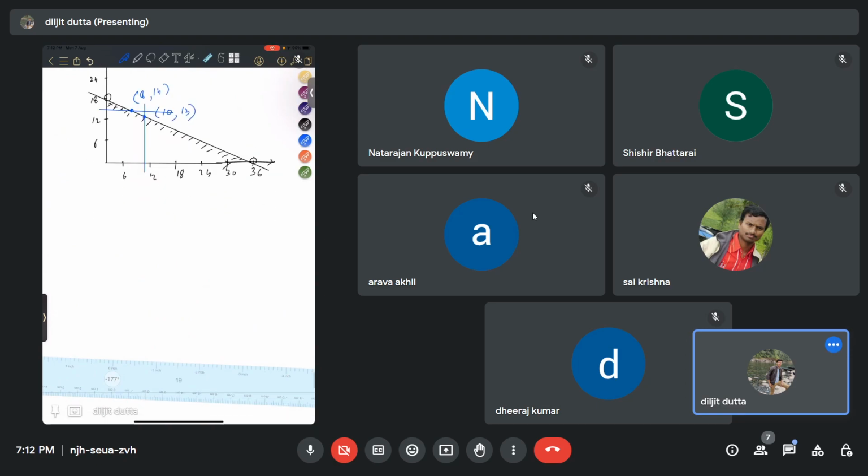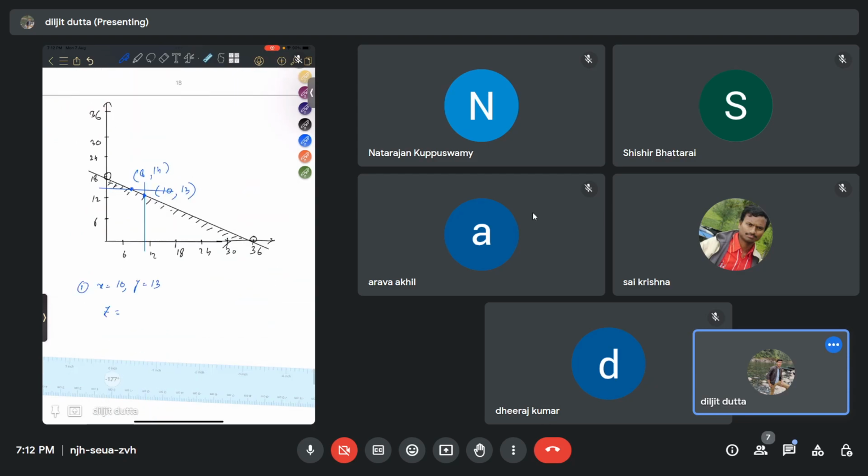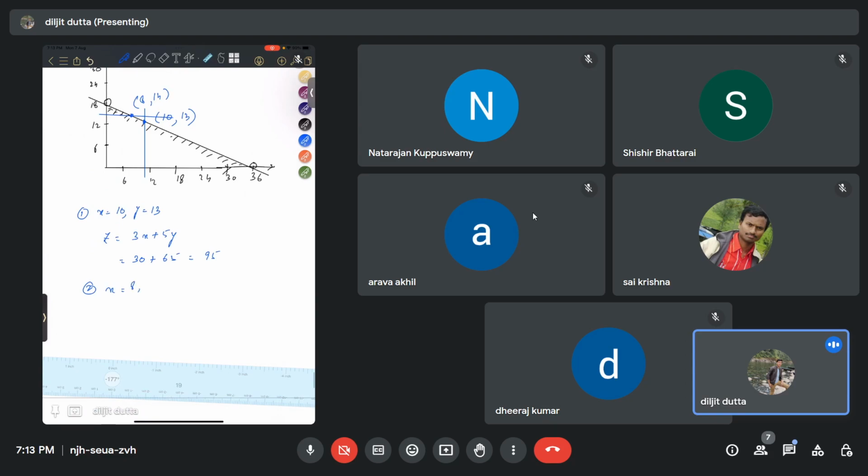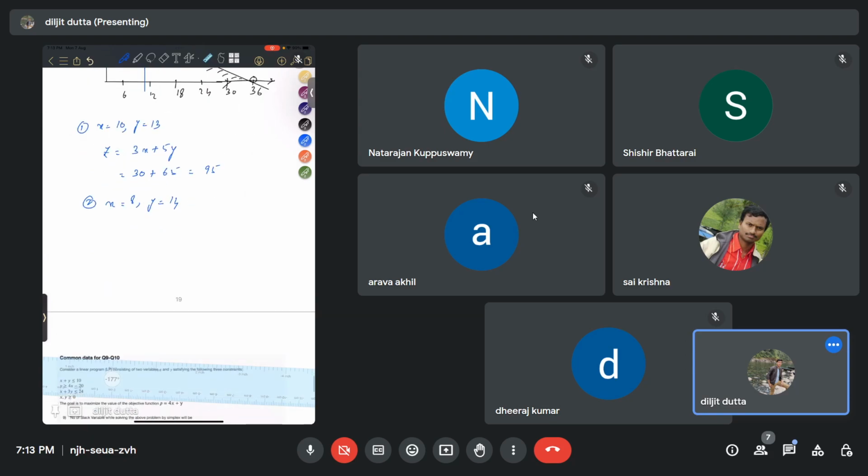So we have 2 points. One is x equal to 10, y equal to 13. So z, the optimal objective function, taking maximization directly, is 3x plus 5y equal to 30 plus 65, which is 95. And our second is x equal to 8, y equal to 14, so z equals 3 into 8 plus 5 into 14, which is 95.